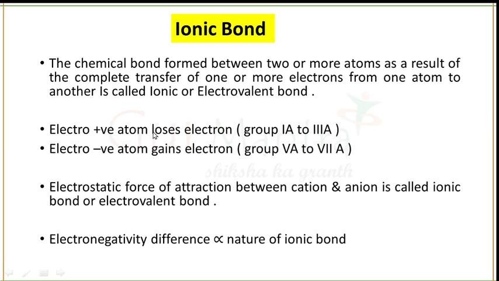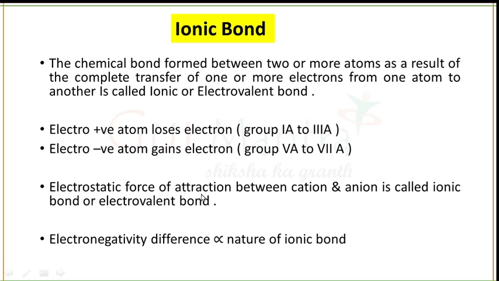It becomes a positive ion, and these positive ions come under group number first A to third A. And also when an atom gains an electron, it becomes a negative ion, and this comes under group 5th A to 7th A. This ionic bond is always formed between two ions, as you know, positive ion and negative ion exist in nature, cation and anion.